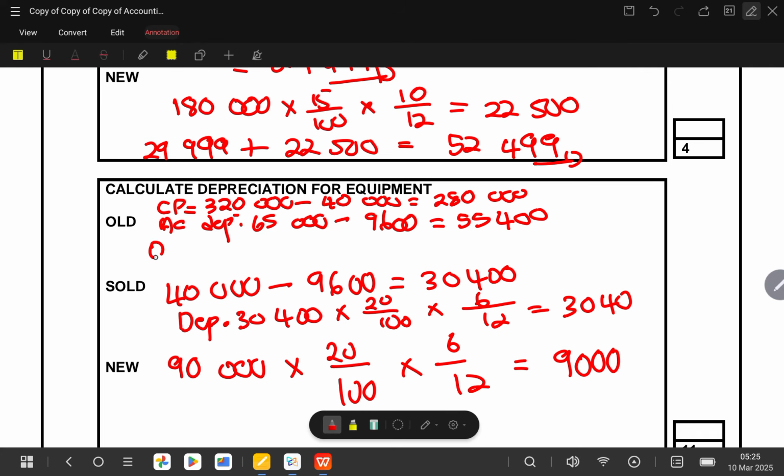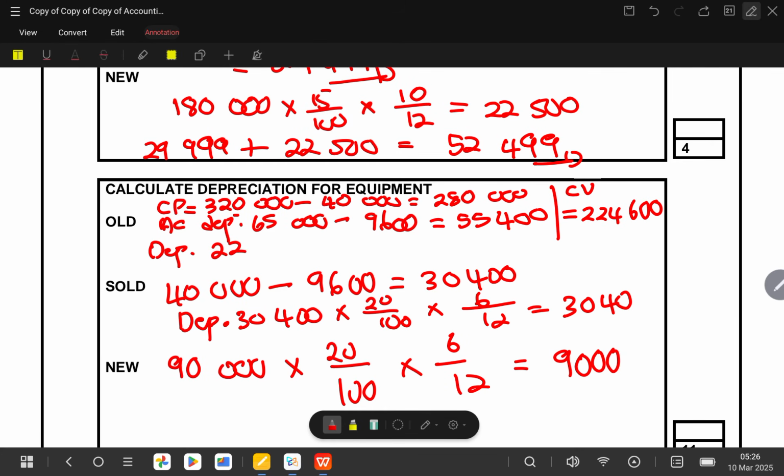So therefore, remember, we need to get the carrying value here. Our carrying value in this case will be this one minus this one. So if you say 280,000 minus 55,400, it shows you that our carrying value is going to be 224,600. So remember, you are going to calculate it on this.